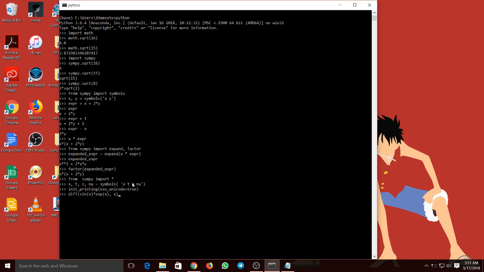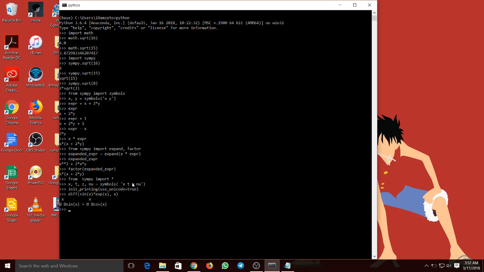We're trying to find the differentiation of sine x multiplied by exponential of x. Clicking on this, we already have the answer: e to the x sine x plus e to the x cos x. That's our answer.